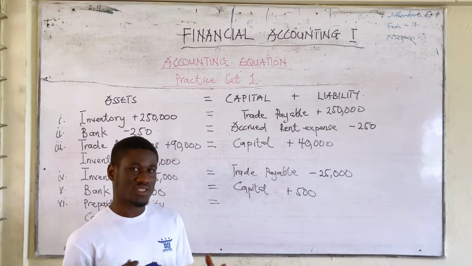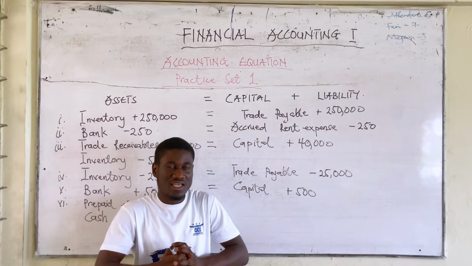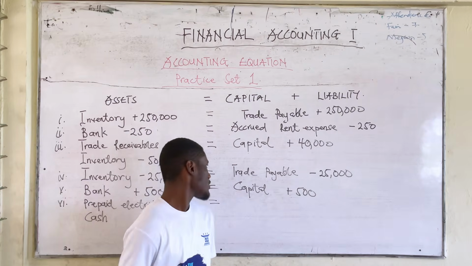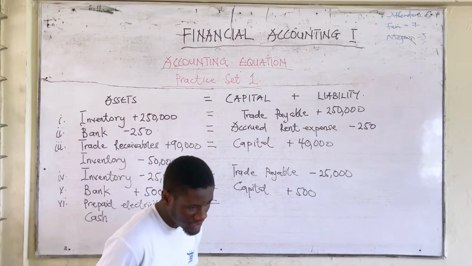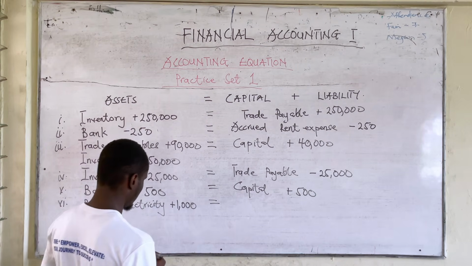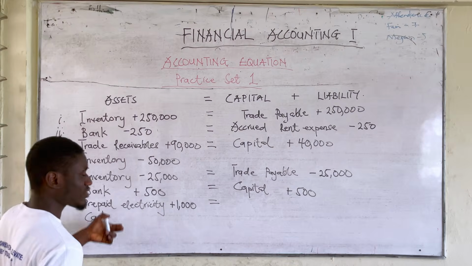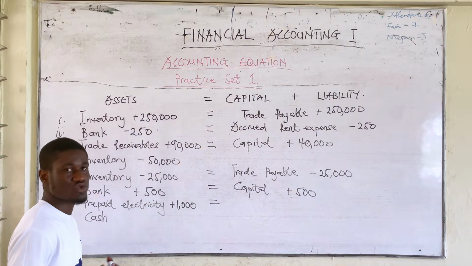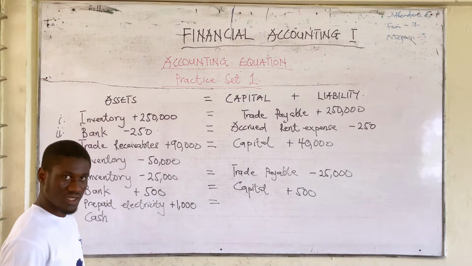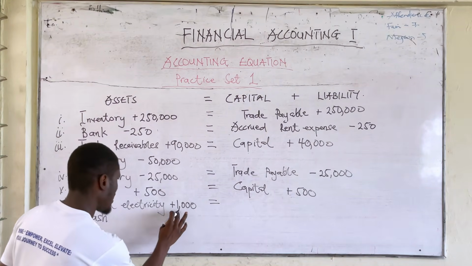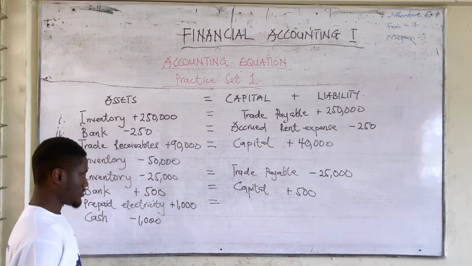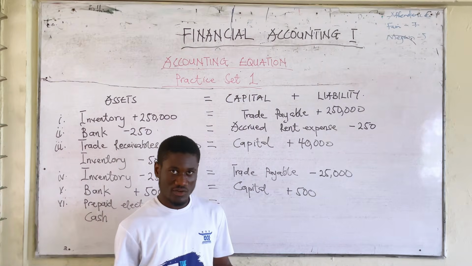Prepaid electricity, we know that it will increase, so plus 1,000 purchased. The cash is what we use to purchase that item. So our cash is no more the cash we had already. It is going to what? Decrease. With what? 1,000. You see, left side is still equal to the right side.